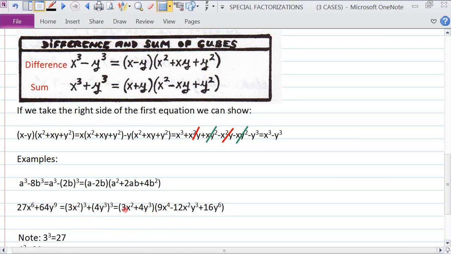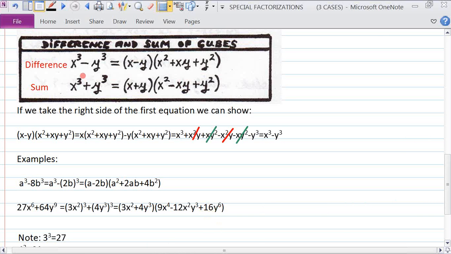I square the first term, get 9x to the 4th, change the sign, minus, multiply these two together to get this term, and then plus 4y cubed squared is plus 16y to the 6th.